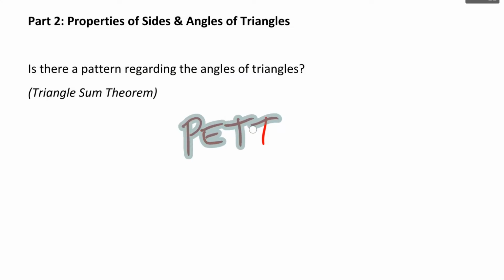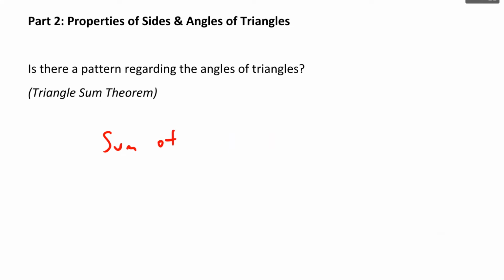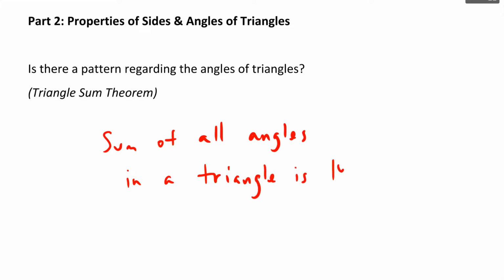And so the sum, and this is all you have to know, is the sum of all of the angles in any triangle equals 180 degrees.